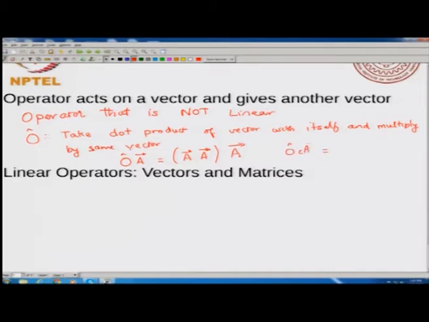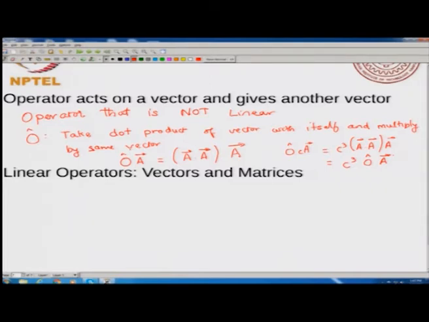This is clearly a constant times A. So this is not equal to C times O of A. This is actually C cube times O of A, right. It is C cube times A dot A into A. So this is C cube times O of A. So clearly it is not C times O of A. So it is not a linear operator.